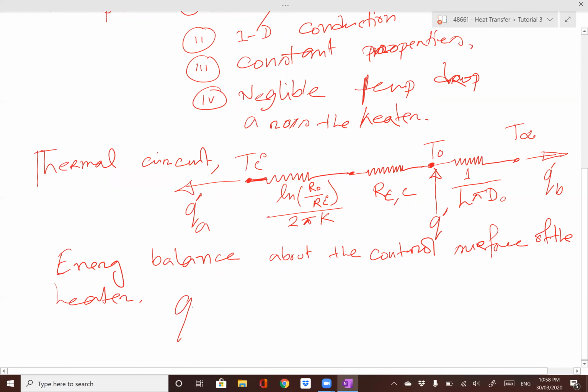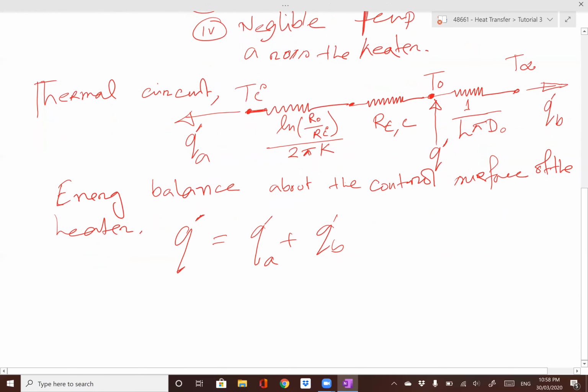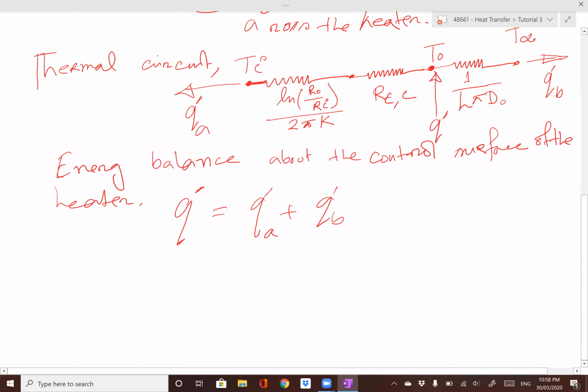So heat input per unit length will be the summation of heat flow towards the A and towards the B. Okay, then we will find out individual, say this one, then we will add them together.